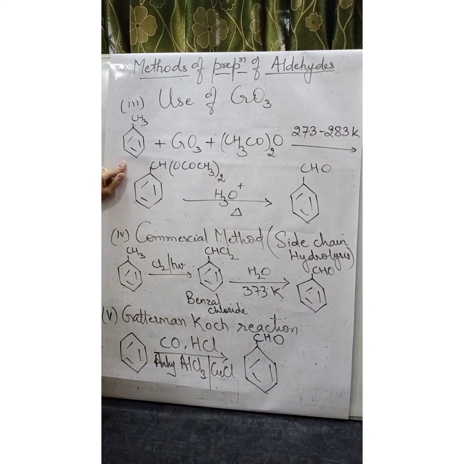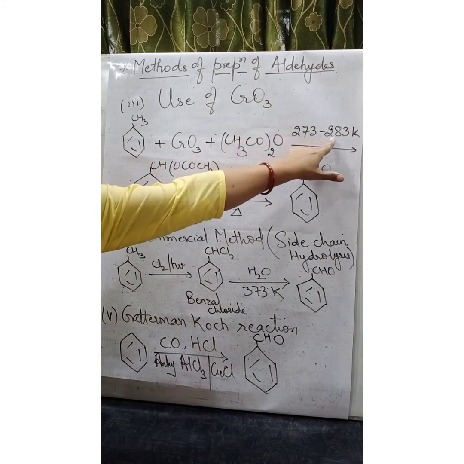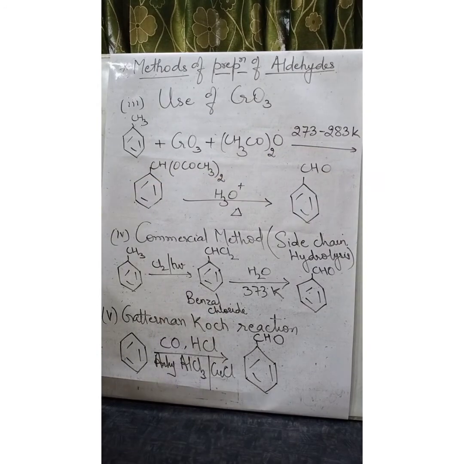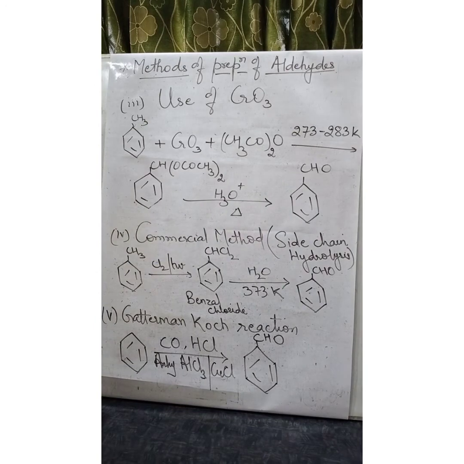Toluene or substituted toluene is converted to benzylidene diacetate on treating with CrO3 in acetic anhydride at a temperature of 273 to 283 Kelvin, and this benzylidene diacetate further on hydrolysis gives benzaldehyde.